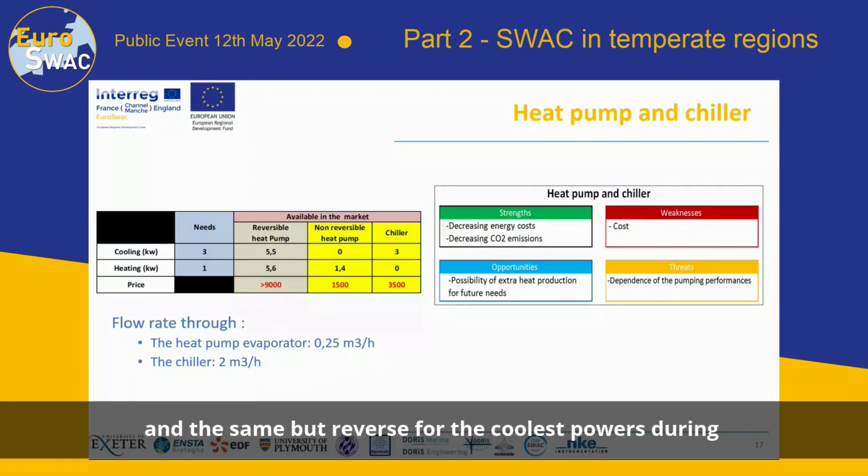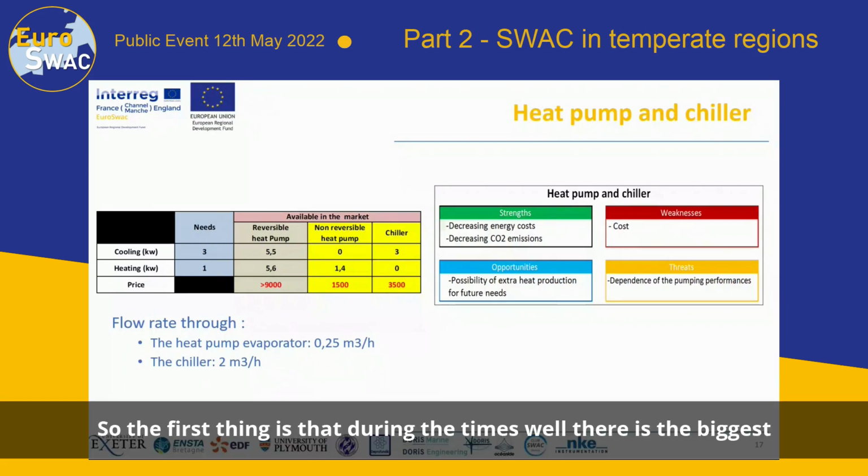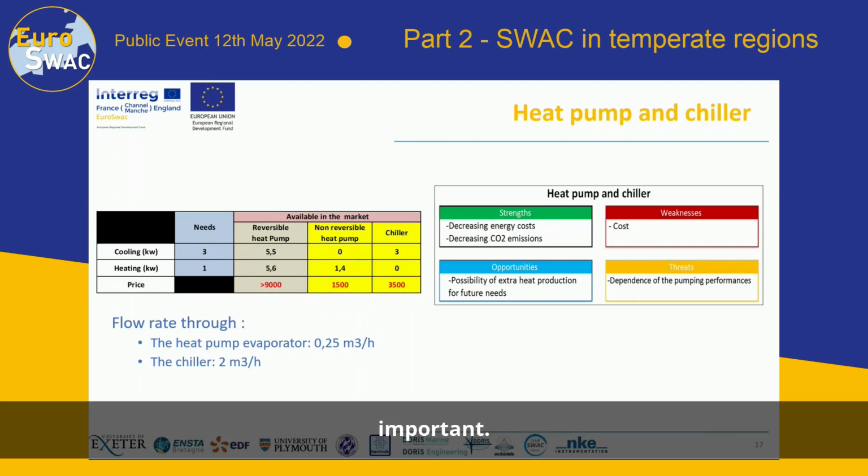And the same, but reversed, for the coolest hours during winter. So the first thing is that during the times where there are the most important thermal needs, the gain with seawater is more important.